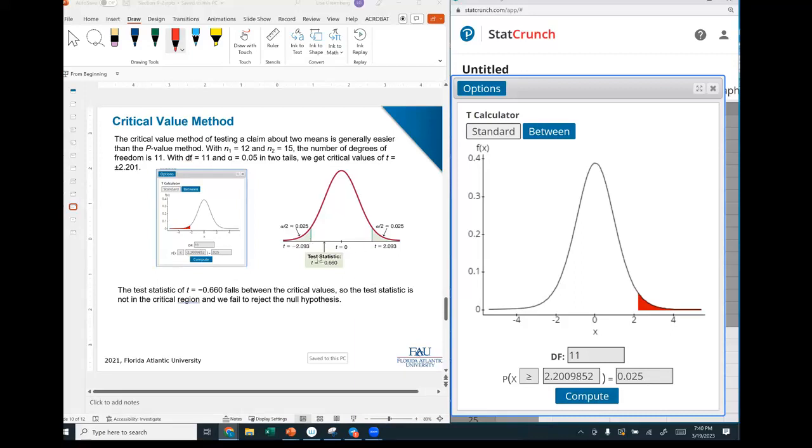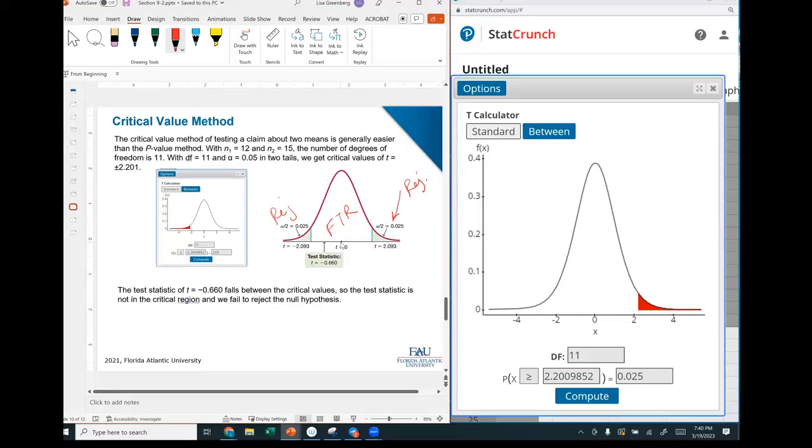Now we can see that my test statistic, which is negative 0.660, is in the fail to reject area, not in the rejection area.